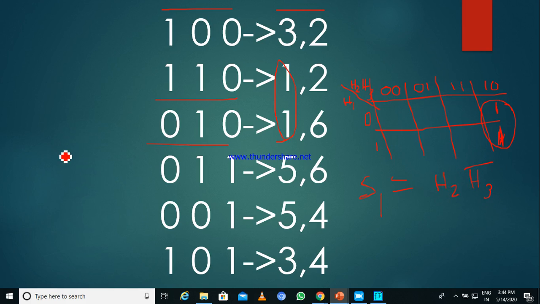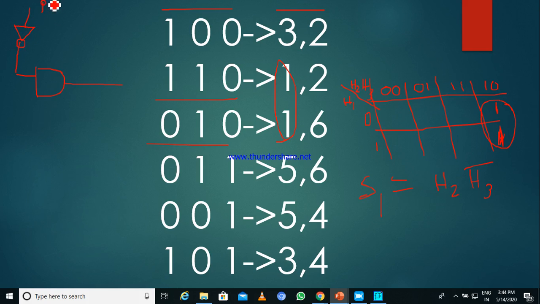Now what I will do, my circuit will be like this. So okay, this is my AND gate. This is my NOT gate.